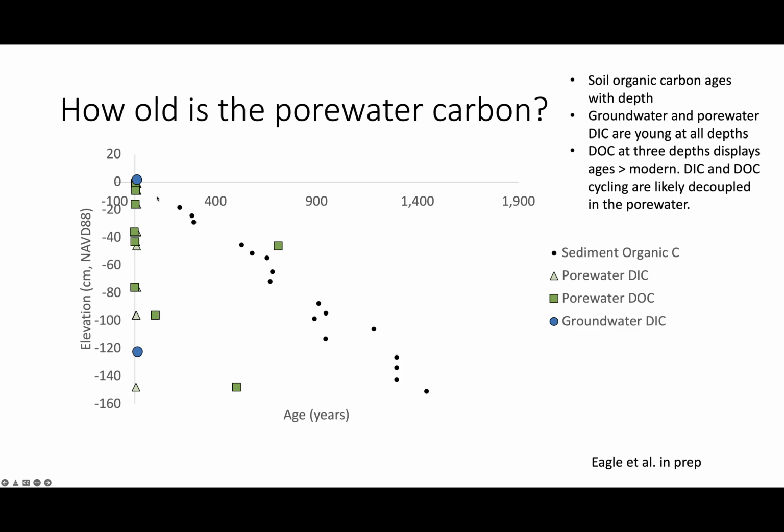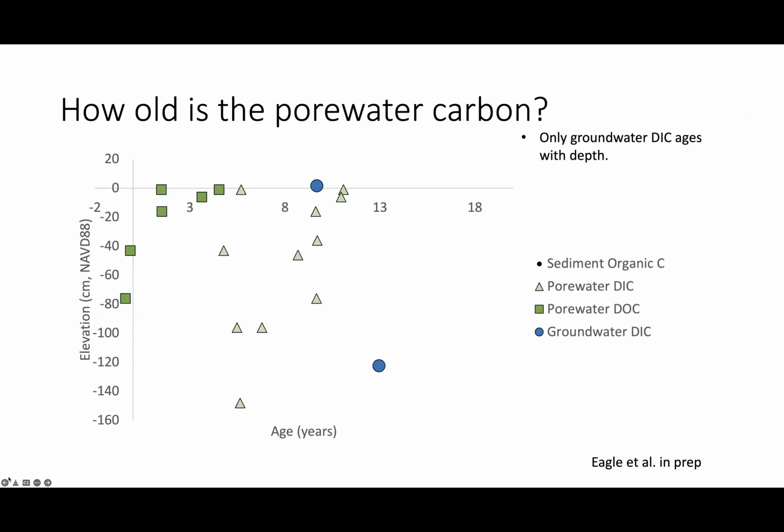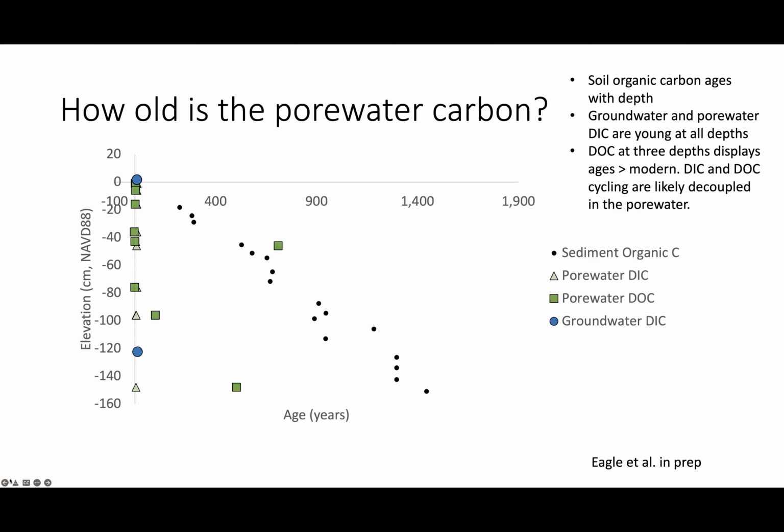And so you can see, as expected, soil organic carbon age increases with depth. I'm sorry, I keep changing the slide. What really surprised me was that Porewater DIC doesn't. It is modern, and we're going to zoom in on this in a sec.